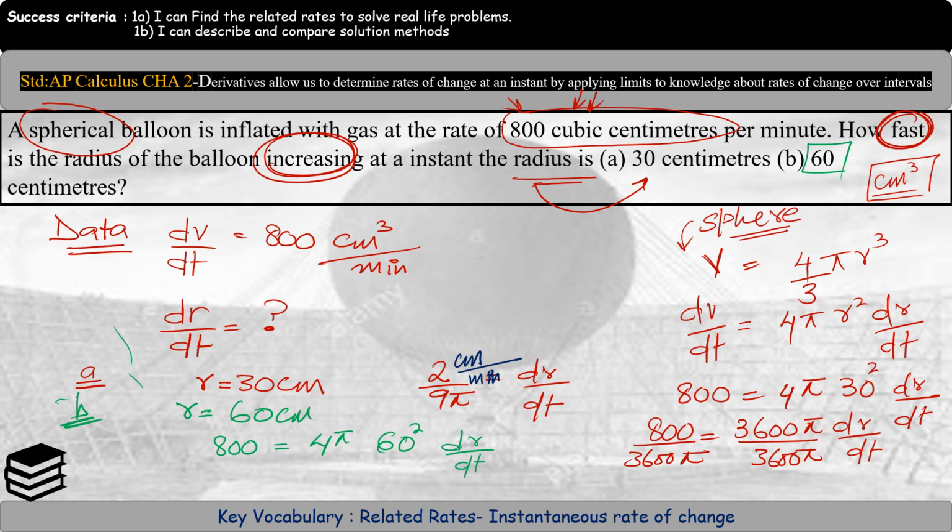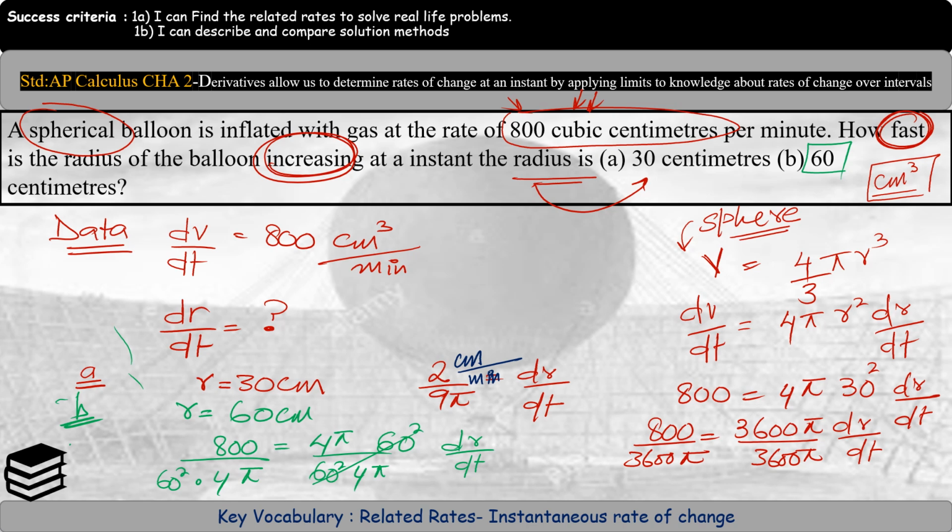Now divide both sides by 60 squared times 4 pi. So you will get 60 into 60, 3600, so 3600, it means again 2 pi. So here you will have 800.